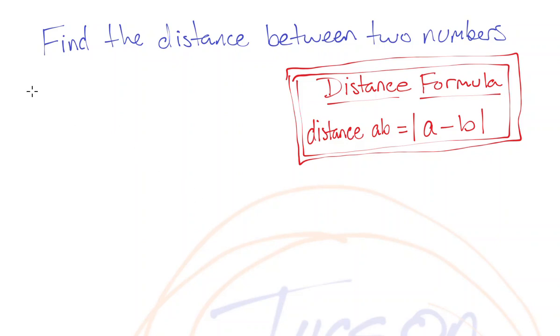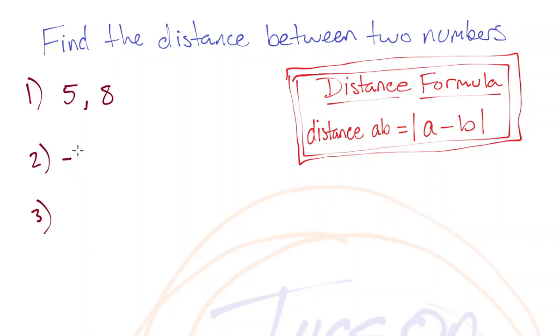So we're gonna do three examples. I'm just going to make them up. We want two positive numbers. So let's just say the distance between 5 and, well, let's just say 8. You already know the answer to that one. We want a positive and a negative number.